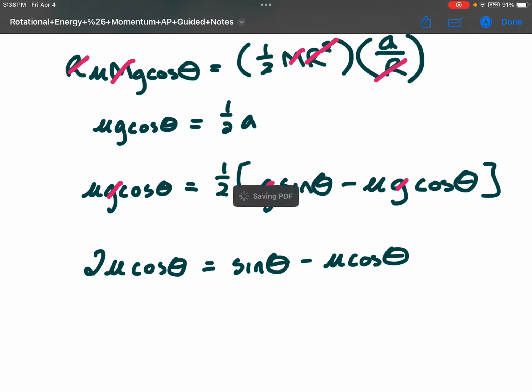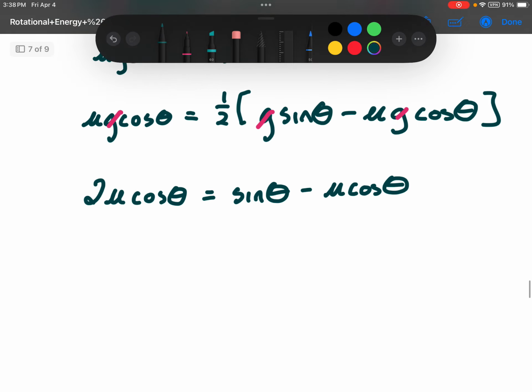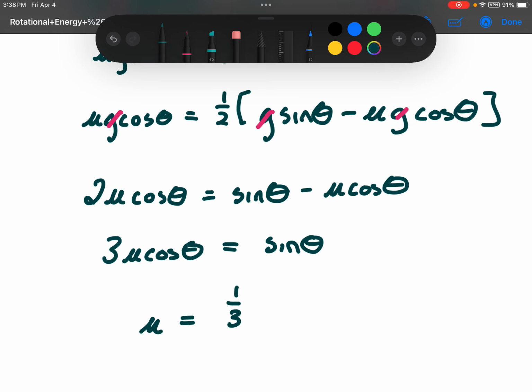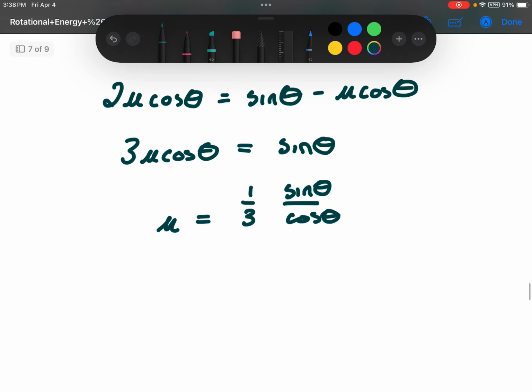Let's go ahead and get the mu cosine thetas together. If we add mu cosine theta, we'll get 3 mu cosine theta equals sine theta. And then we can divide both sides. Mu is 1/3 sine theta over cosine theta. But from trig, we can write that a different way.